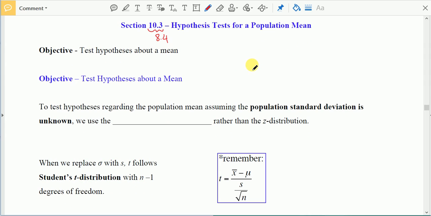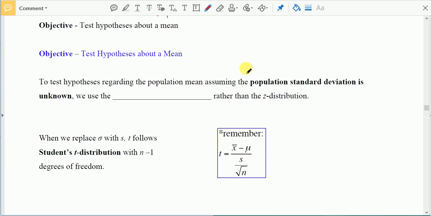Remember, for the last video, when we talked about the proportion, we used the Z statistic, but for the mean, similar to chapter 7, we have to use the T statistic, or Student's T statistic. Now let's go over this section.